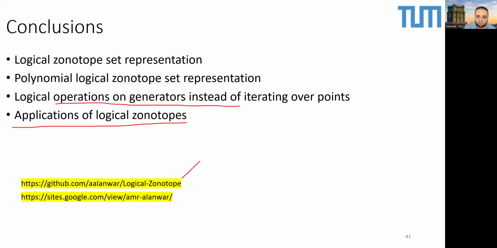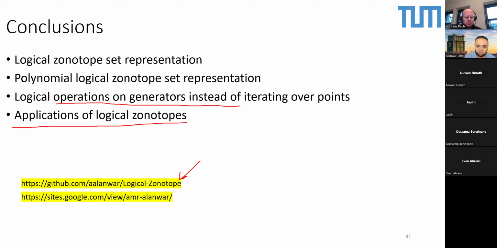This is the repository for the logical zonotope and polynomial logical zonotope. You can play with it on MATLAB, and there is one student who was interested in implementing it in Python. So you can find also the Python representation of logical zonotope, and this is my website for more information.